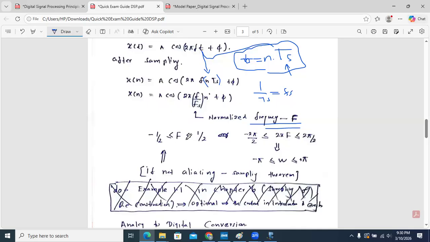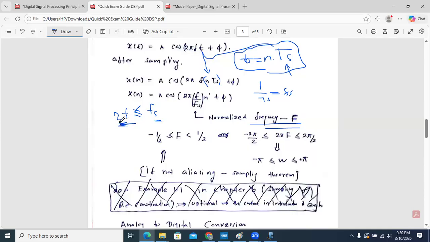To satisfy this condition, what do we need to do? We need to select Fs at least twice the signal frequency. So the sampling frequency should be at least twice higher than the signal frequency.